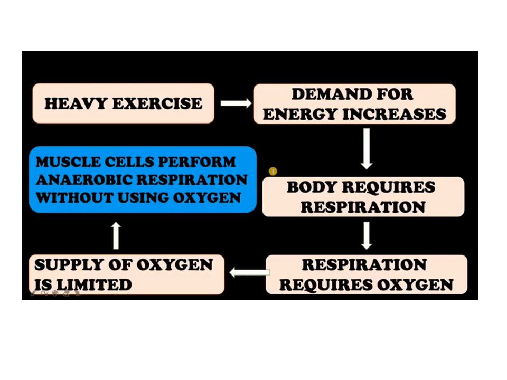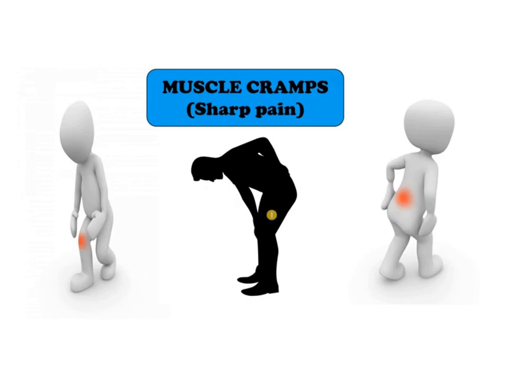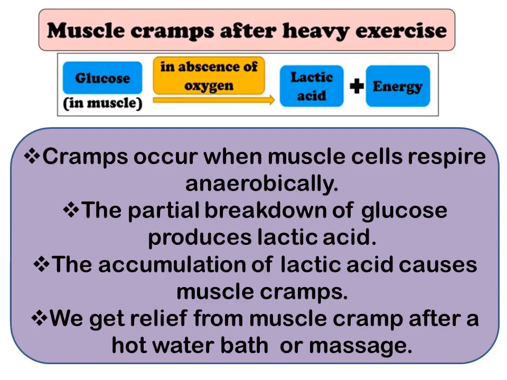When muscle cells respire anaerobically, glucose is broken down into lactic acid and energy, and from there the demand is compensated. So the consequence is muscle cramps in some portion of the body where muscles are present. So, muscle cramps after heavy exercise.